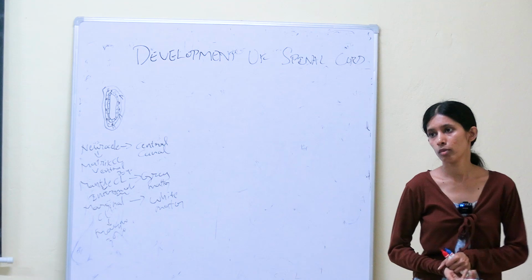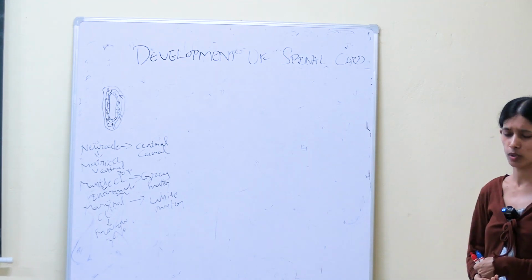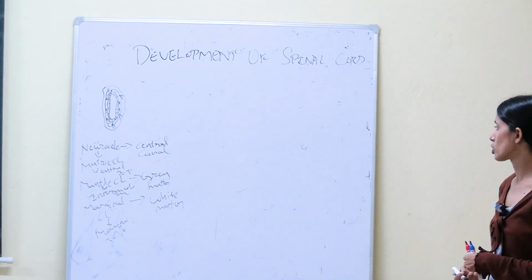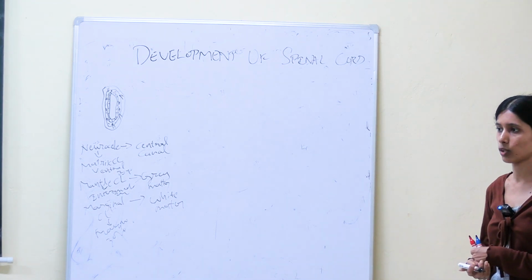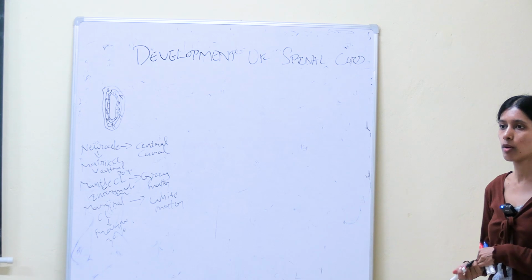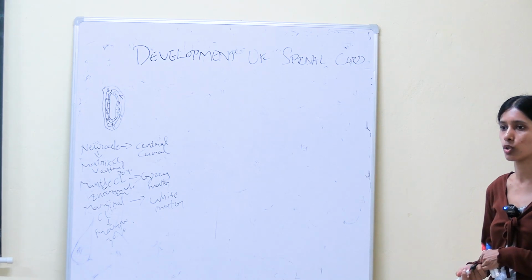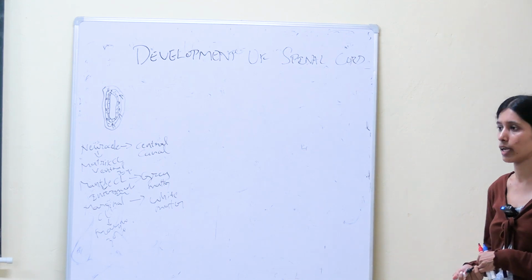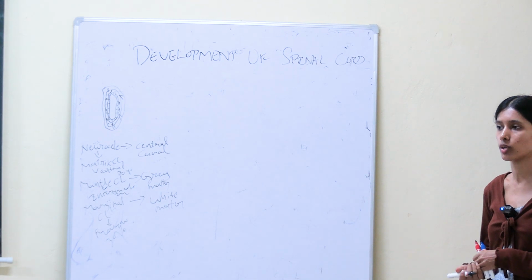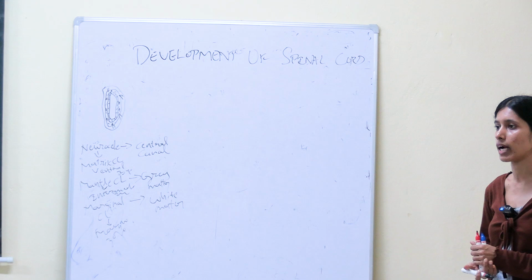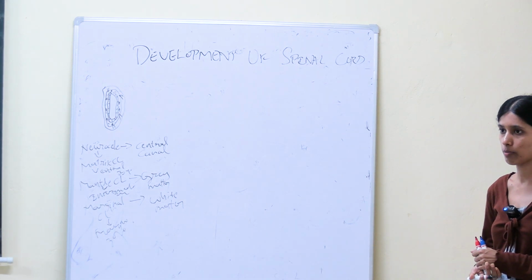The matrix cell layer is going to develop as the central canal of your spinal cord, okay. The next layer is mantle cell layer, which is going to develop as the grey matter, and the last one is marginal cell layer, which is going to develop as the white matter of your spinal cord, okay.